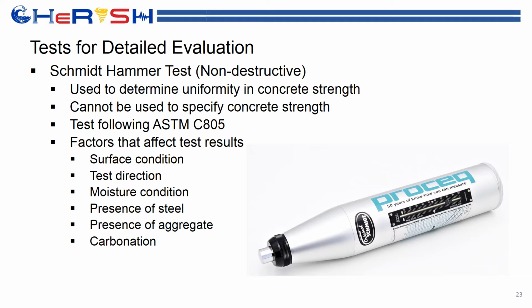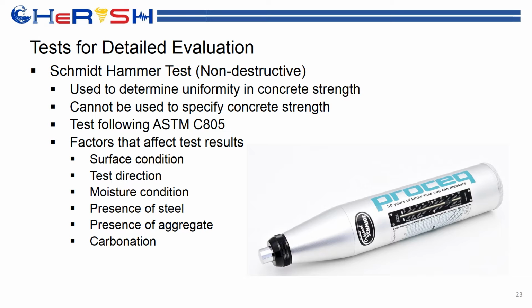At the same time, if there is carbonation in concrete, it would also affect the result because carbonation somehow increases the surface hardness of concrete, and therefore an increase in carbonation would result in an increase in rebound number, which, if you are not aware of that mechanism, then you would think that you get a higher compressive strength component. Actually, that compressive strength is due to the effect of carbonation.